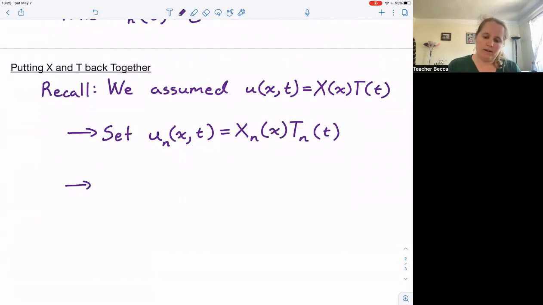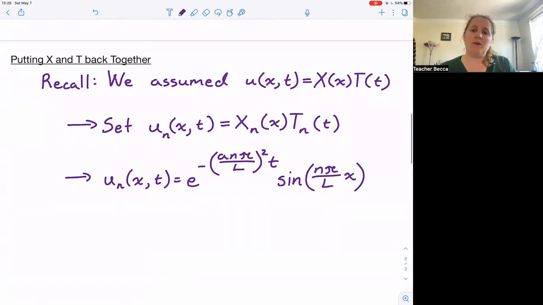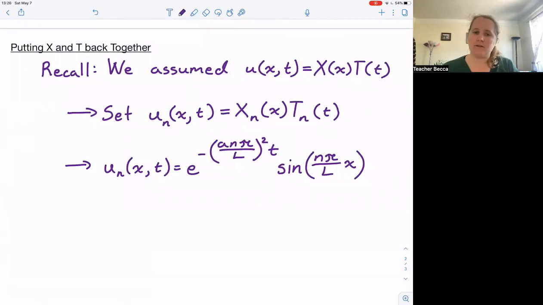And we get that our u sub n of x,t is e to the negative a n pi over L squared t times sine of n pi over L x. So these solutions to the boundary conditions will be our building block for the other solution.